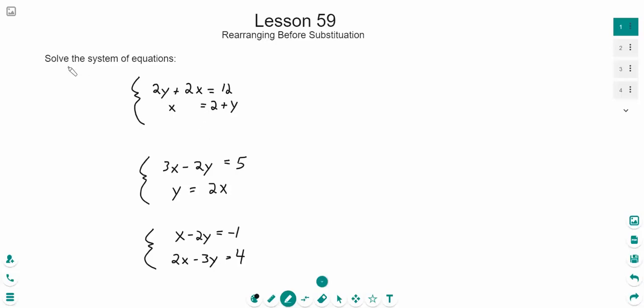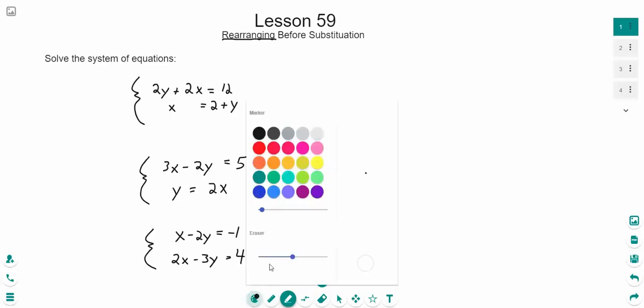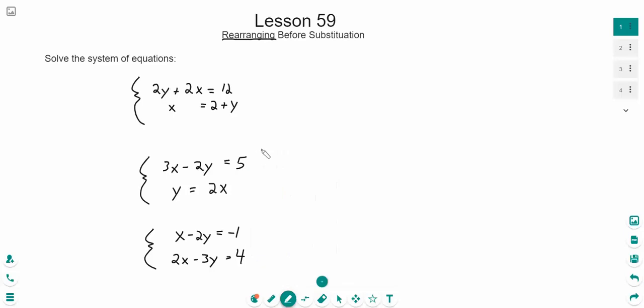Today we're going to be talking about solving systems of equations again, and the only difference now is we're going to take one extra step and rearrange before substituting. So you recall in a previous lesson we talked about systems of equations, and that's where we have two equations that are joined with this brace on the left-hand side.